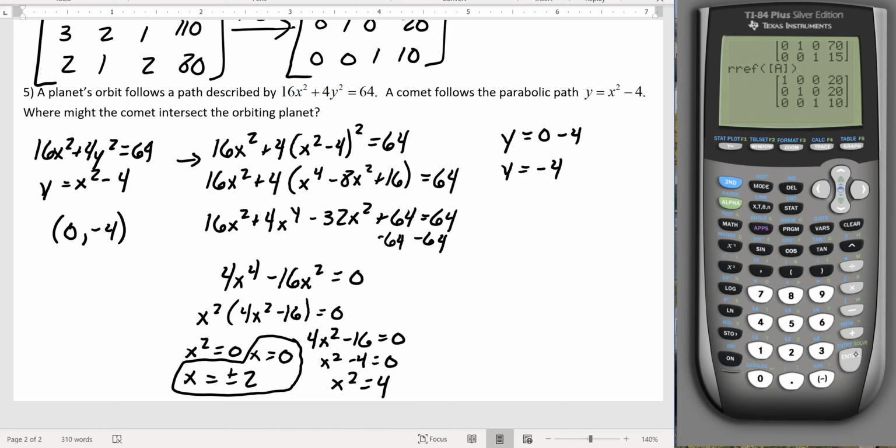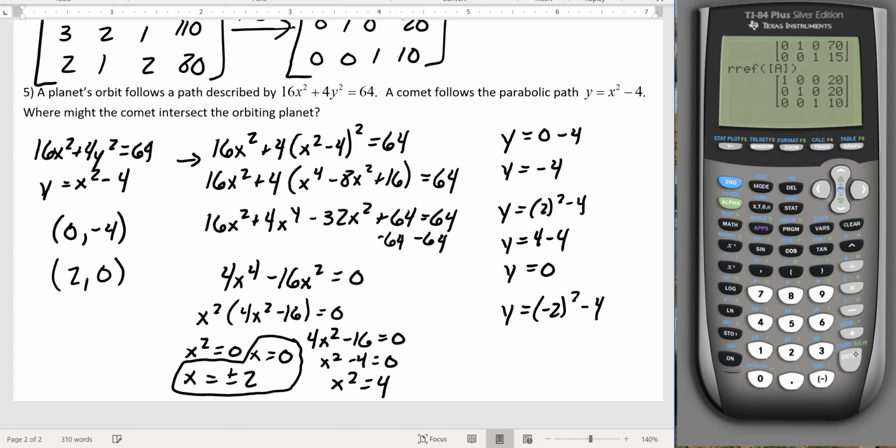Then I have y equals positive 2 squared minus 4, which is just 4 minus 4, which is 0. So that would give me the coordinate (2, 0). Then I have y equals negative 2 squared minus 4, which would just be 4 minus 4, which is also 0. So (negative 2, 0).